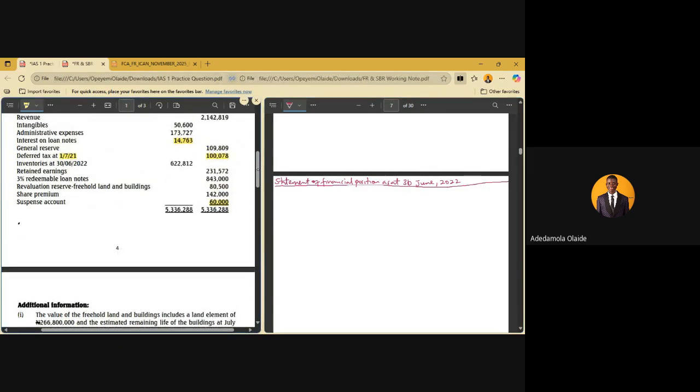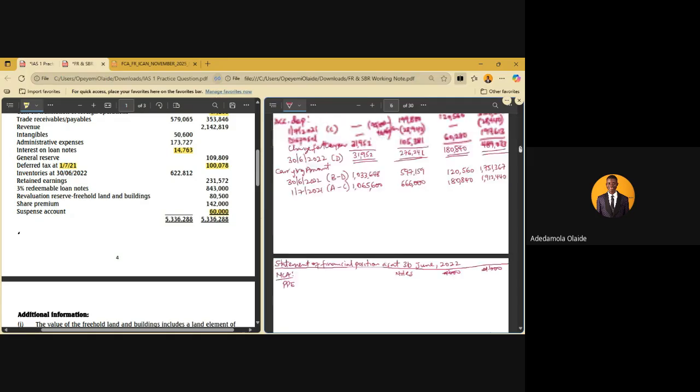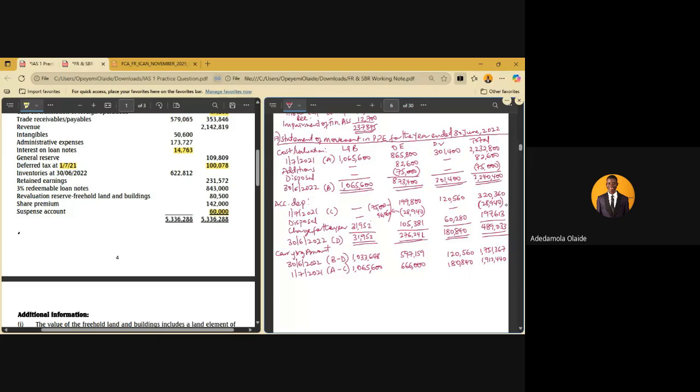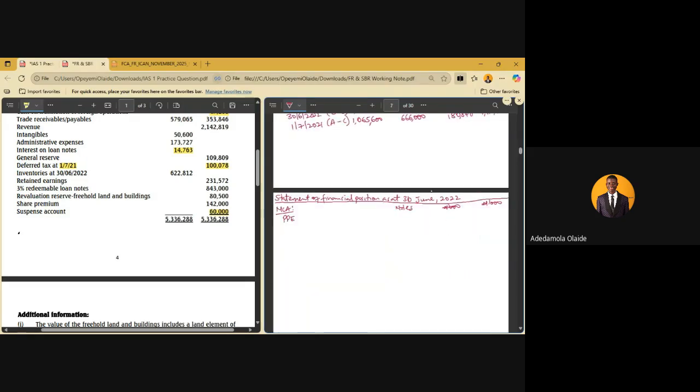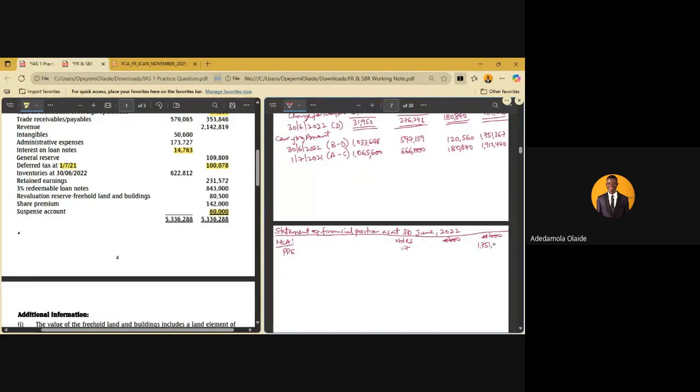So what do we have? So non-current assets, we have what? PPE. Note 17. 1,751,367.